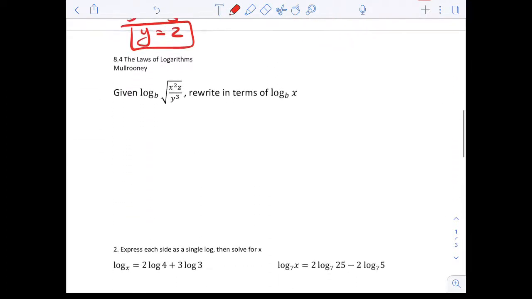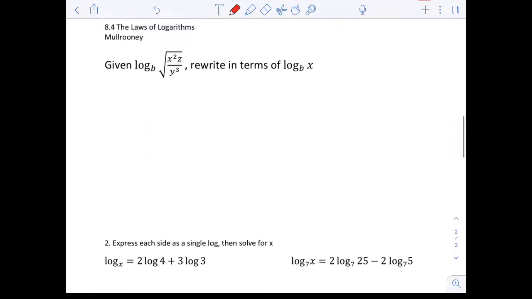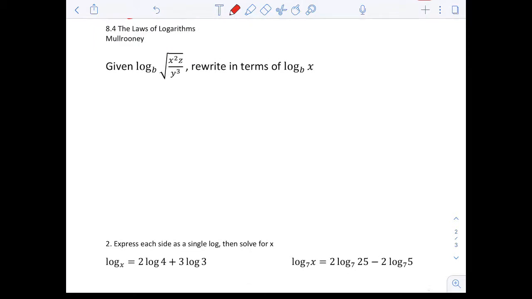All right, let's keep going. Given log b, rewrite in terms of log b x. So what do I do here? We know that this part here, the square root, means that it all has an exponent of a half.